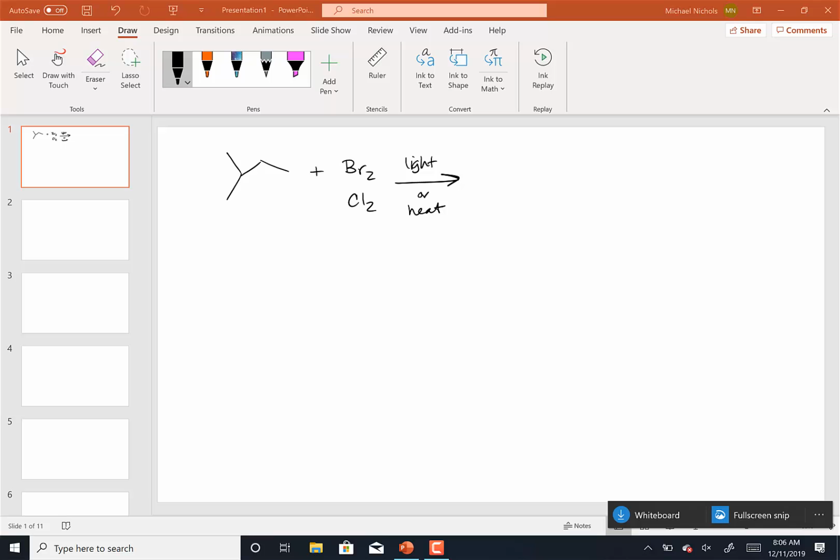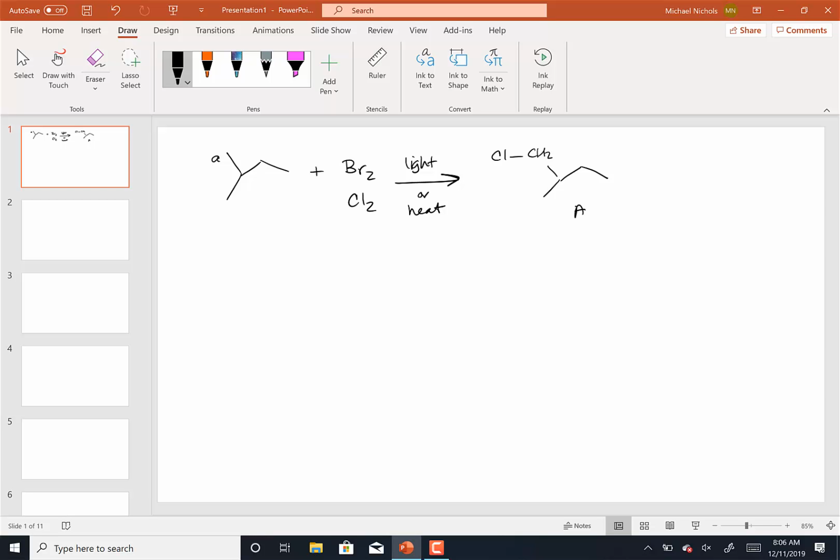If I'm looking through here, I could replace one of the CH3s with, let's just do it with a chlorine. So the first possible product that I could make is this one, which I'll call A. What I like to do is label the hydrogens over here as to which product they give me.